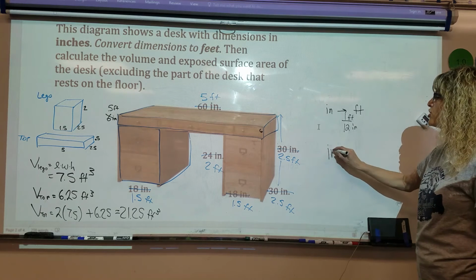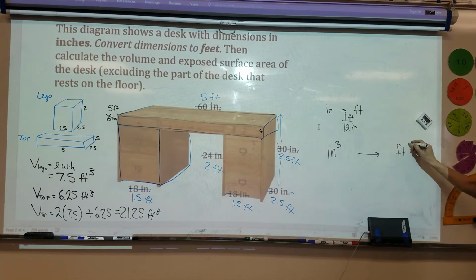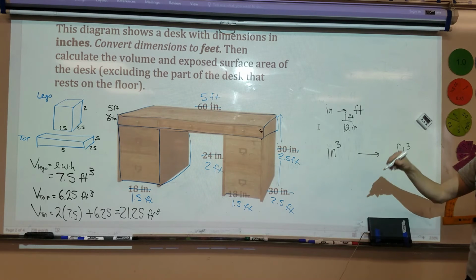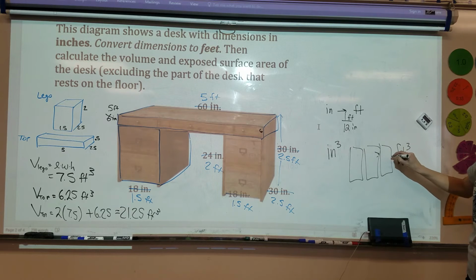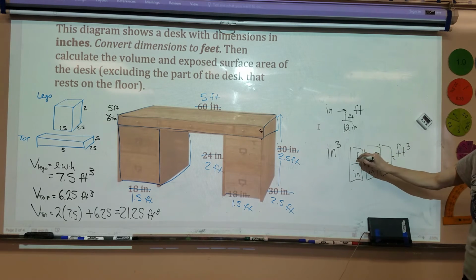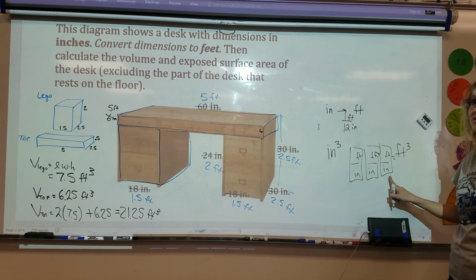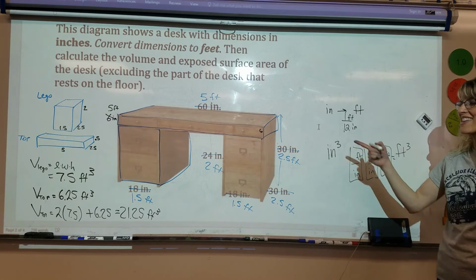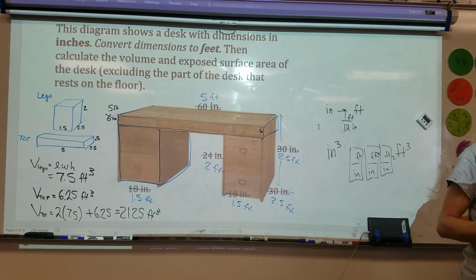But if you're doing cubic inches into cubic feet, and that's why we converted first, you could, but you'd have to do 3 converters, and you'd have to go inch, inch, inch, feet, feet, feet. So you'd be going 12, 12, 12, which is a really big number. And I think that's why the book wanted you to change it into feet before calculating.